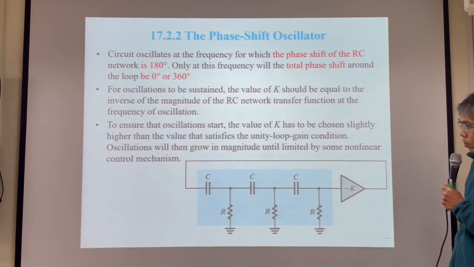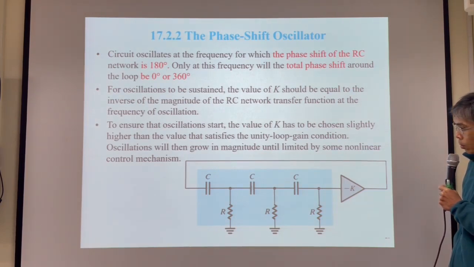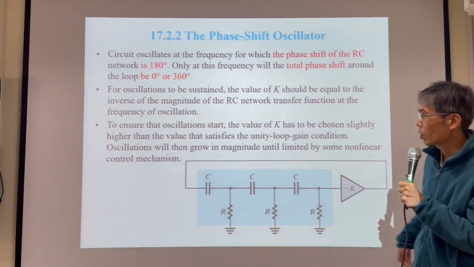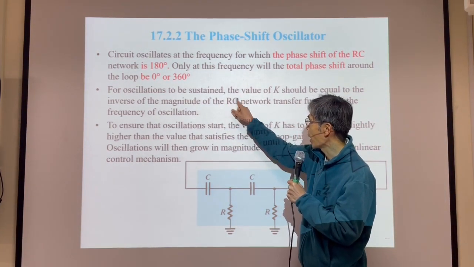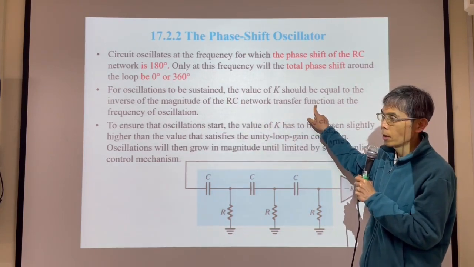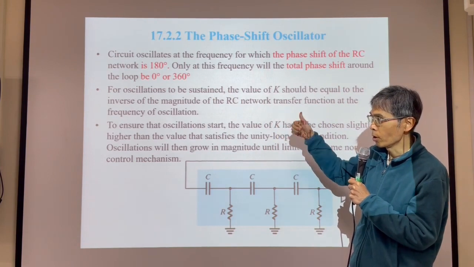If the RC value is, for example, 1 over 2, then the K value should be the reverse, 2, and 2 times 1 over 2 is 1. Okay, so magnitude of RC transfer function can be a real number or imaginary number.